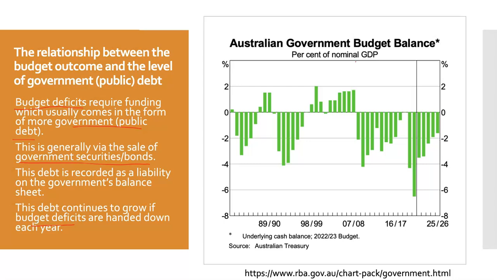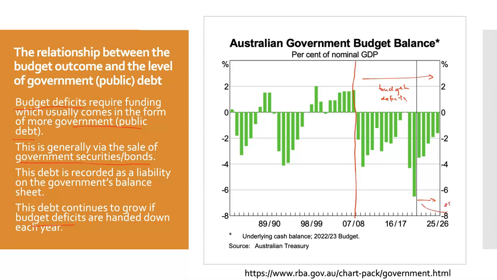But if we specifically focus on since roughly 2008, you can see that we have been in a period of budget deficits. We know that we can split this into really two sections, and you can see that this goes into 2025, 2026.